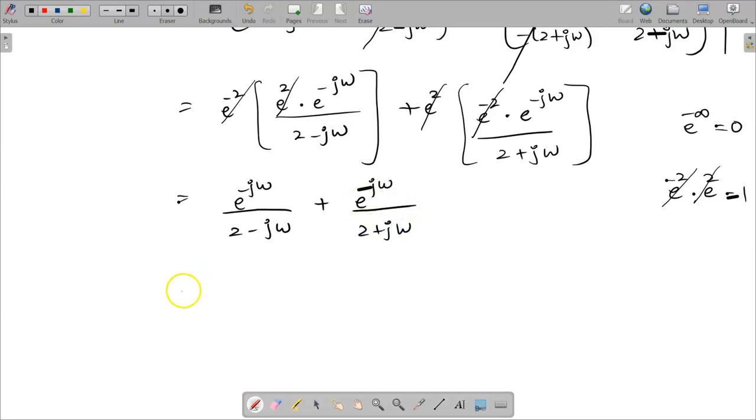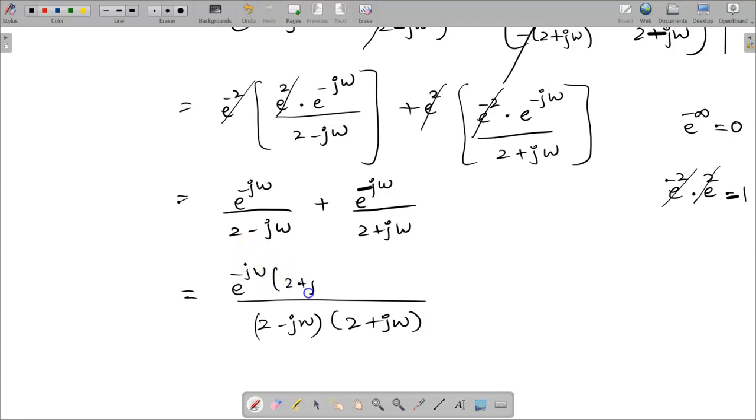So if you want, you can stop here, or else again you can take the LCM and simplify. So for the denominator, the LCM is (2 minus j omega) into (2 plus j omega). So just cross multiply: here it is e power minus j omega into (2 plus j omega) and then plus e power minus j omega into (2 minus j omega).